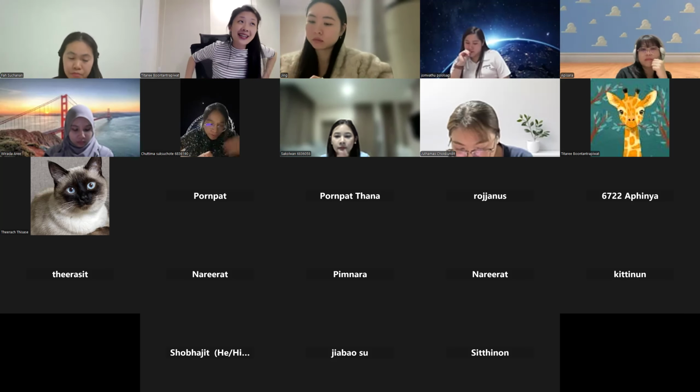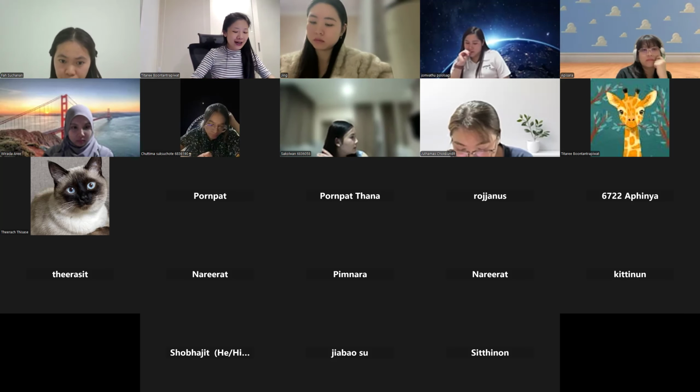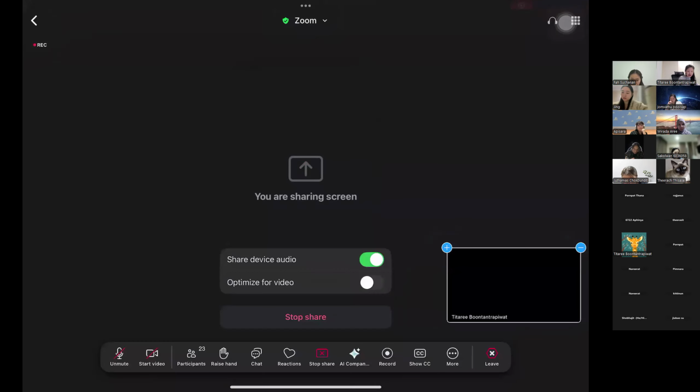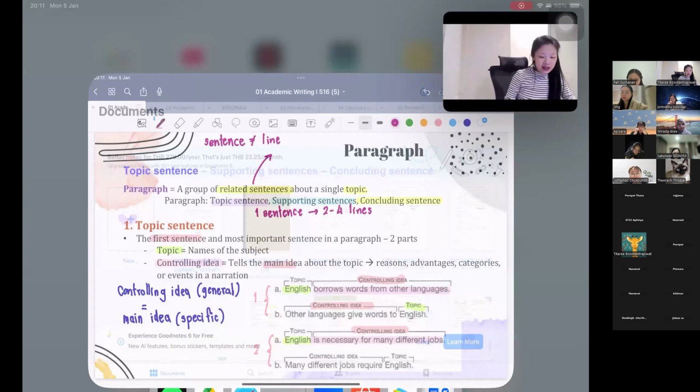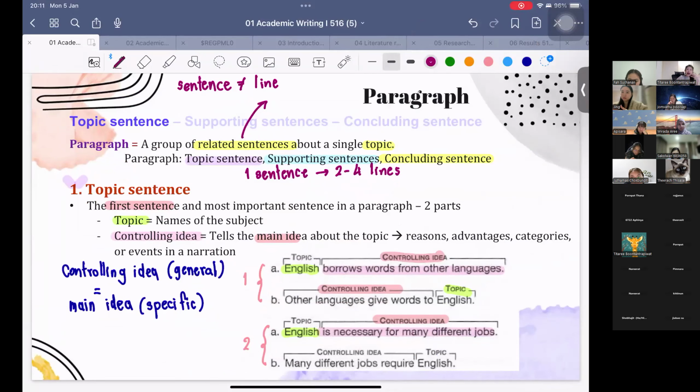Having a long sentence is not bad. However, when a sentence is super long, it contains a lot of information, and a lot of information is not easy to absorb, easy to digest. That's why a good sentence should not be too long or too short.